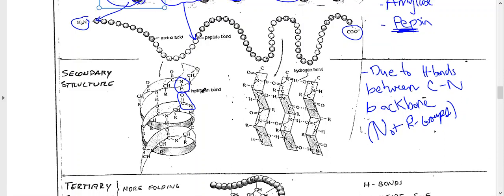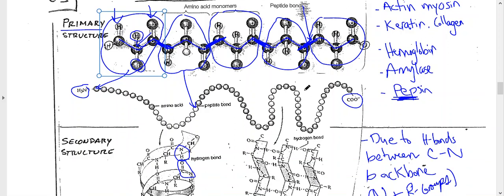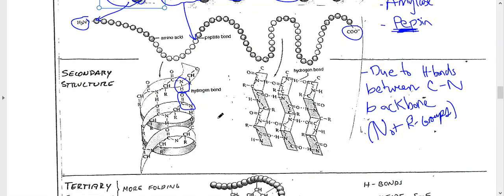So what we're really doing is forming hydrogen bonds in between this nitrogen carbon backbone that runs right down the middle of this entire protein, right? Those are where those hydrogen bonds form.